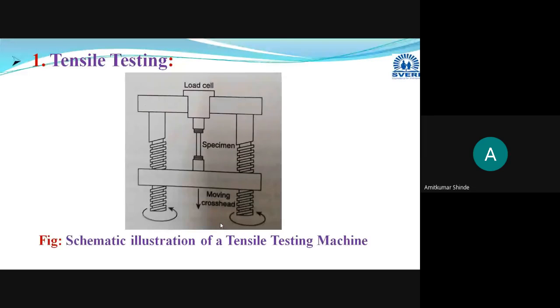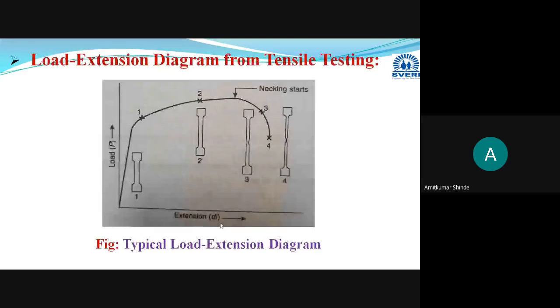Then you plot a curve by taking load and change in the length, or the extension. For the corresponding load the extension readings are taken and the curve is plotted. This curve is termed the load extension curve.